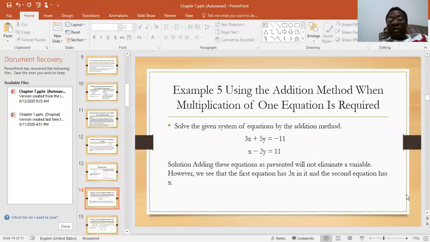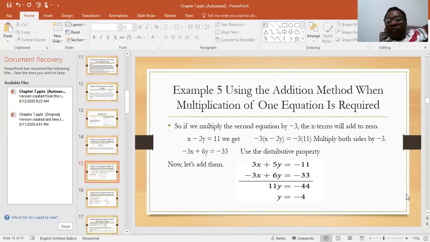If we want to eliminate y, we look at the coefficients of y in both equations and reverse them by multiplying each of the equations, like multiplying the first equation by 2 and the second equation by 5. So you reverse the coefficients while doing the multiplication in order to eliminate a variable.